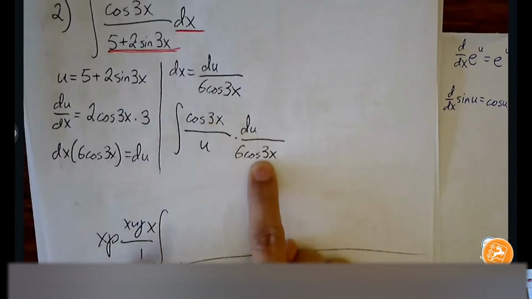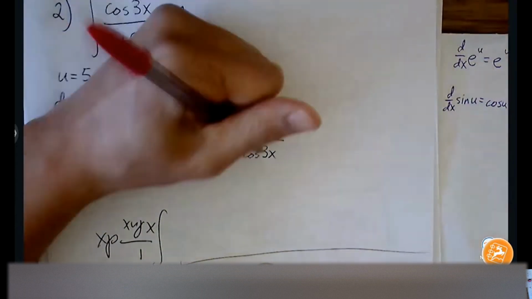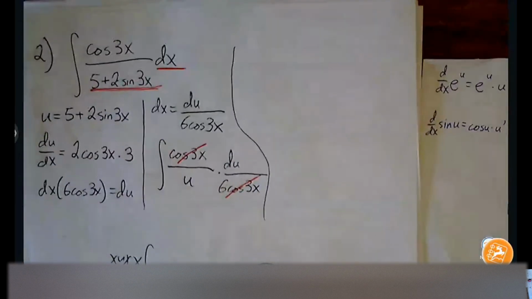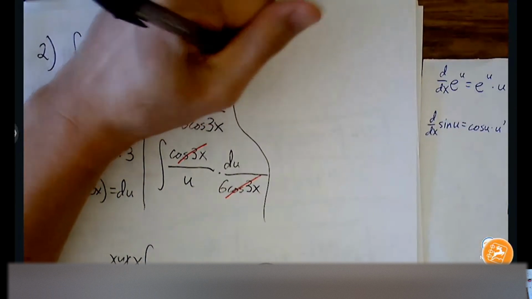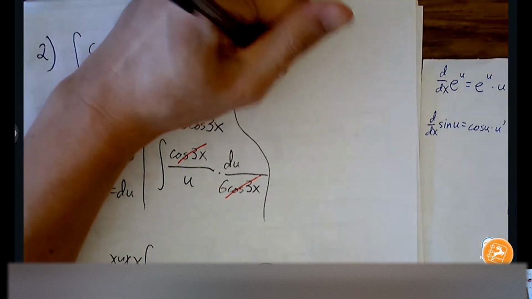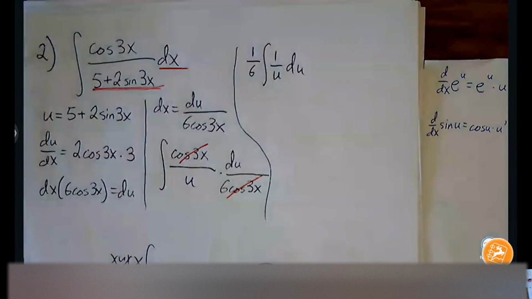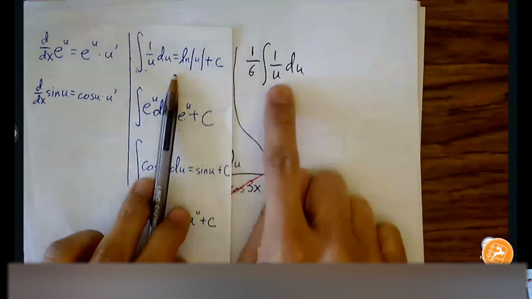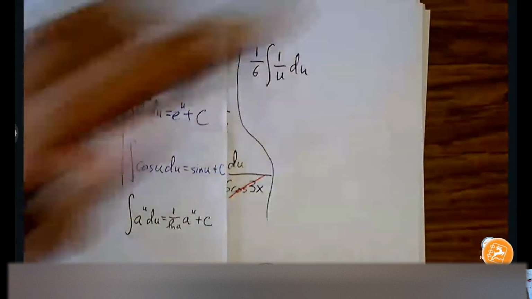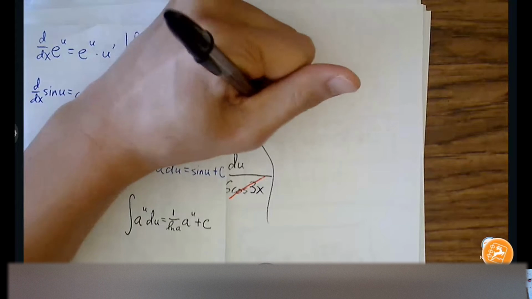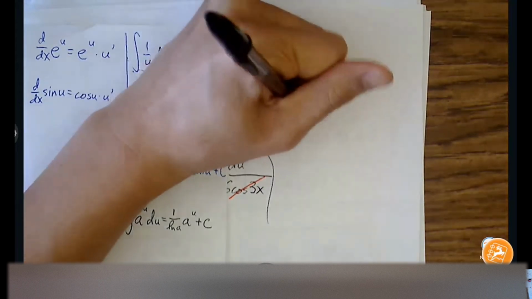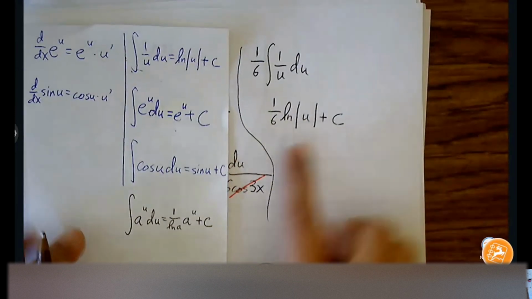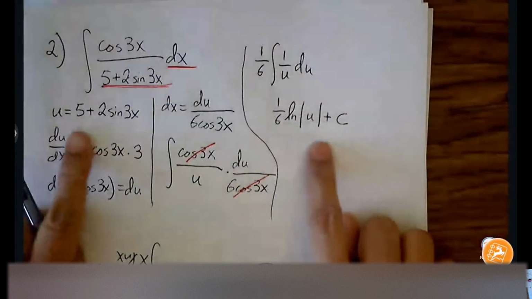Cosine 3x, numerator, denominator. Keep careful though. There's that 6 that we need to keep track of. Okay, I got a match. And then don't forget, bring your x back into your answer.